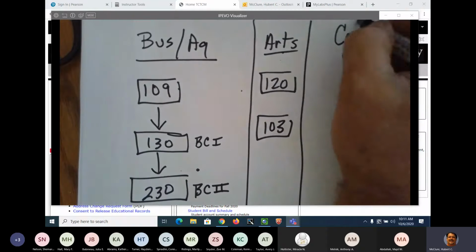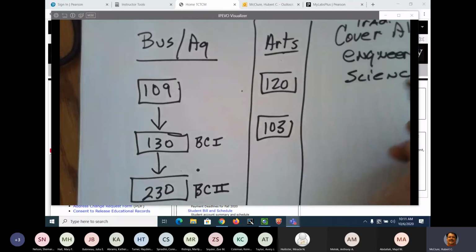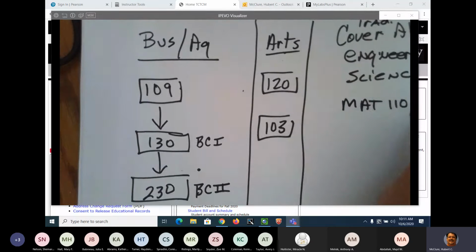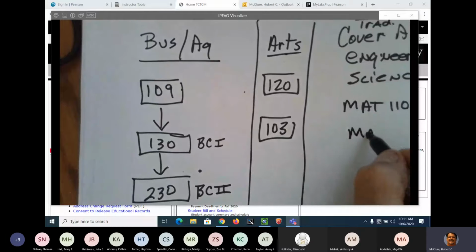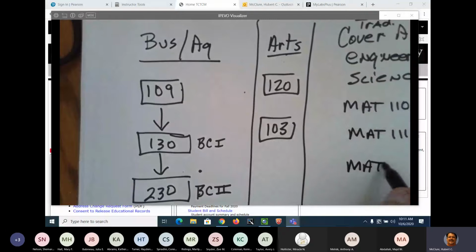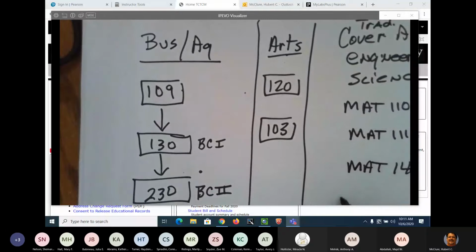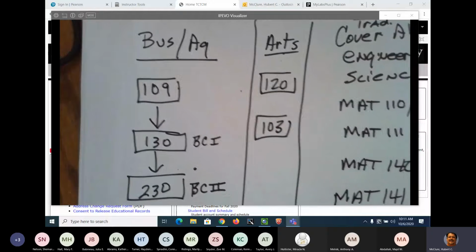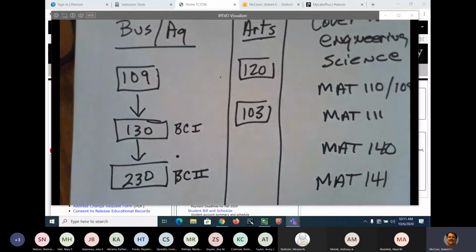This is traditional: math 110 or 109, math 111, which is trig, math 140, math 141, and depending on your major, like with my major, I would do math 240, 241, advanced calc 1, advanced calc 2, and so on.